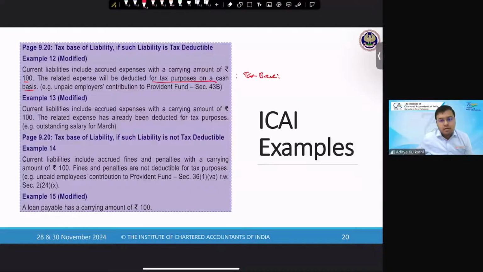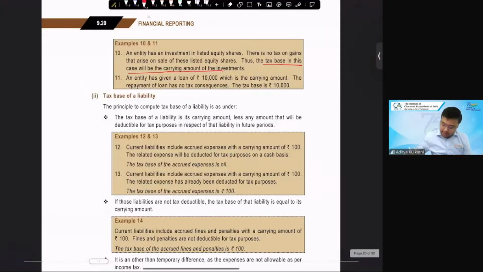Nil. Yes, sir, nil. This is not deductible. Okay, so agreed. It will be accounted in tax books only when it is paid. So therefore, tax base is going to be nil.